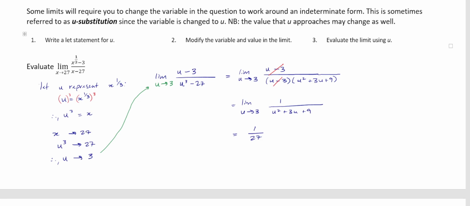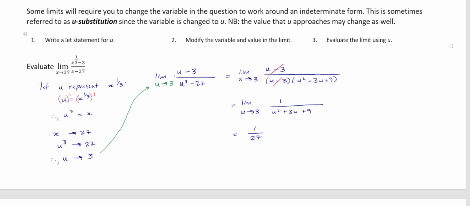And if x approaches 27, then u cubed also approaches 27, which would mean that u has to approach 3, right? Because 3 cubed would give you 27. So the u value there is 3. That causes me to change this limit value right here. Instead of x going to 27, I'm saying u is going to 3.